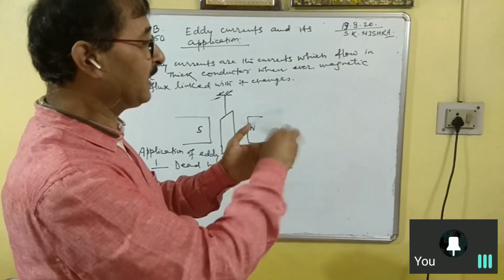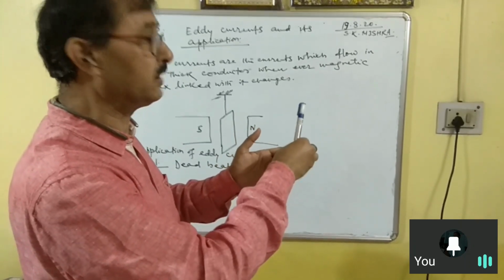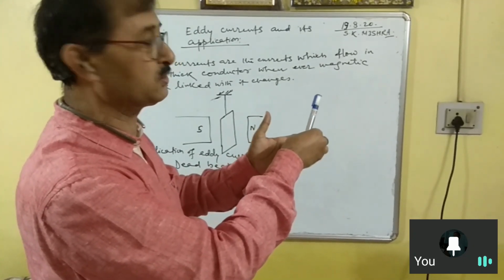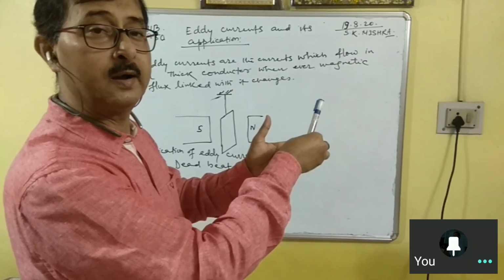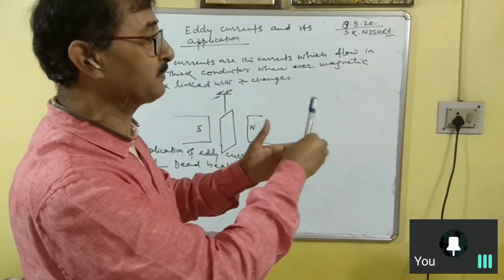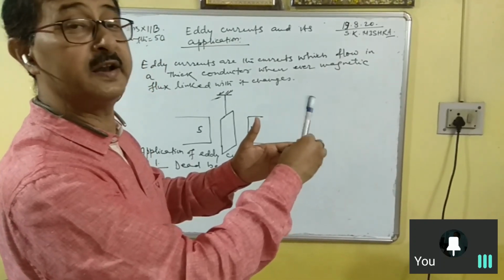So the coil will immediately come to rest. If it deflects like this, it will remain at this position only. But in the absence of that metallic frame, it will keep on oscillating for some time, and it will be difficult for you to note the reading.